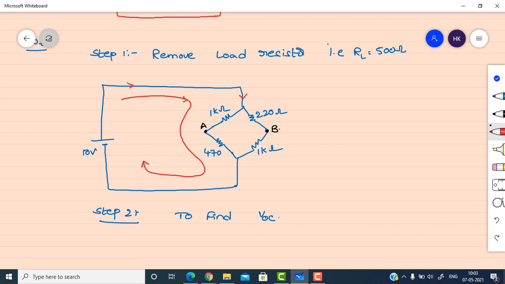At this point, the current will divide. So through this 1 kilo ohm, 470, the current will flow like this. In this, I assume the direction of current like this one. So from the 220, the current is flowing and it flows through 1 kilo ohm, 470 and 1 kilo.